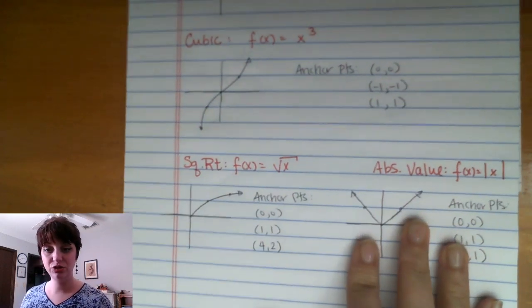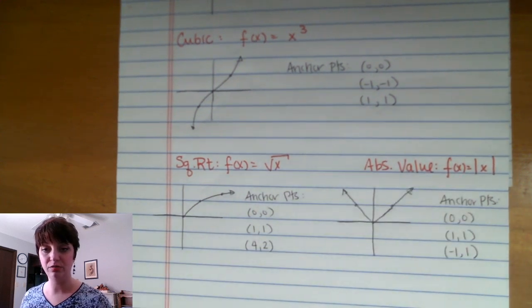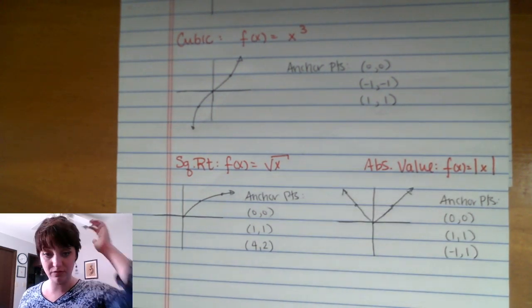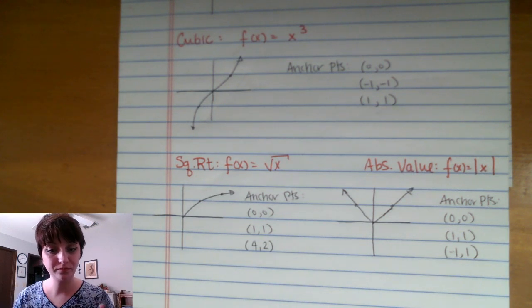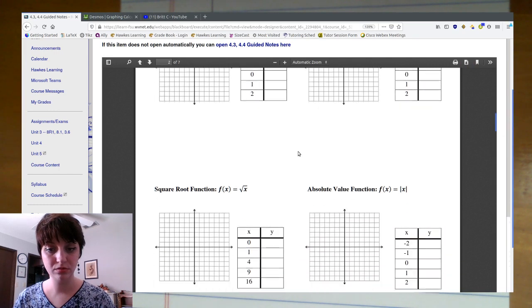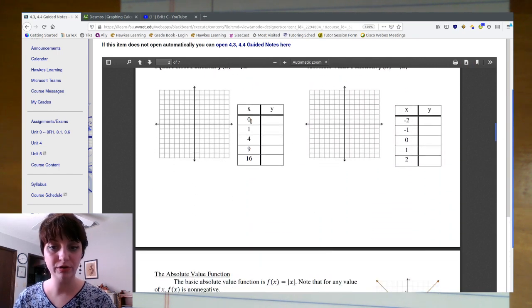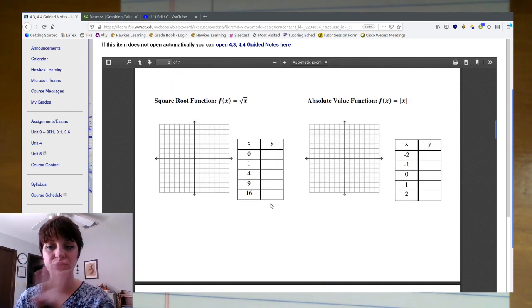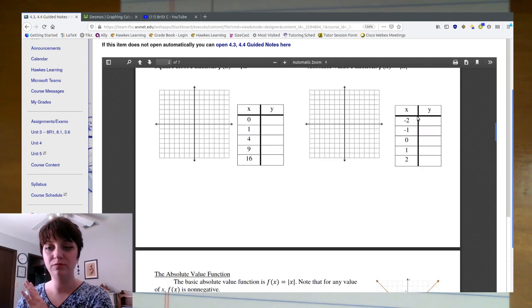All right, the last two are the square root and the absolute value. I just put them next to each other so I could fit all of this on one page. At your square root, you have 0, 1, 4, 9, 16. But actually, let me talk about the absolute value first. So absolute value, you're still doing negative 2 to 2. On mine, I'm still going to use the same negative 1, 0, 1 as my anchor points.